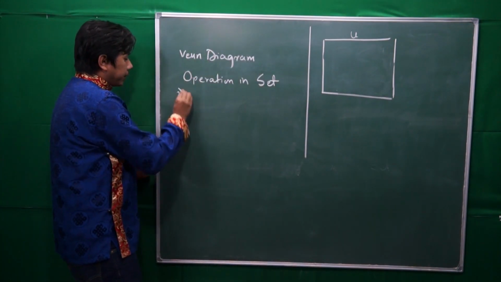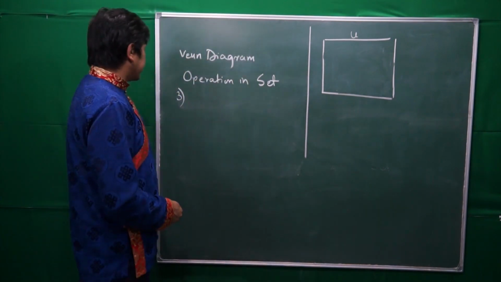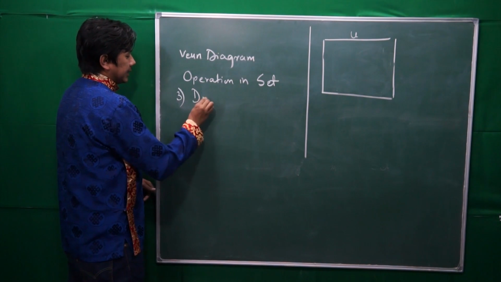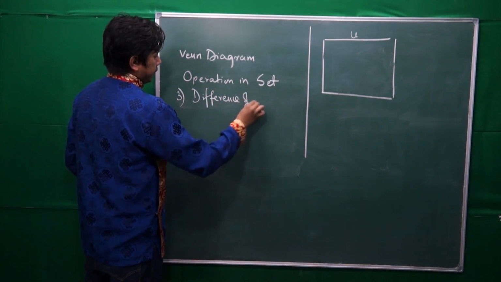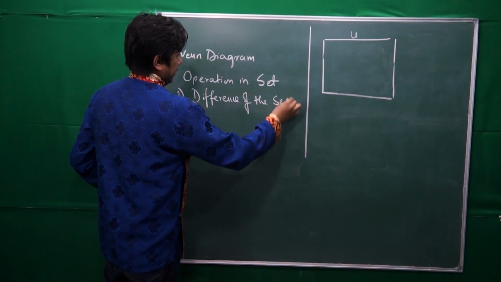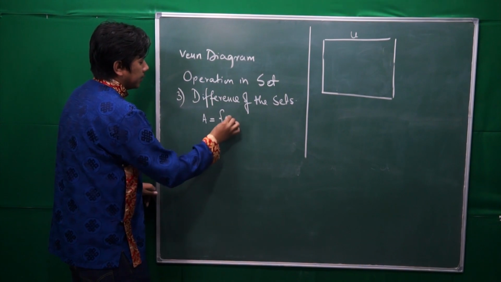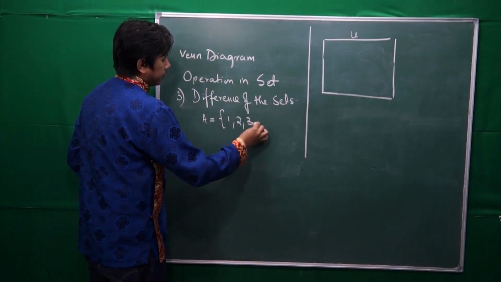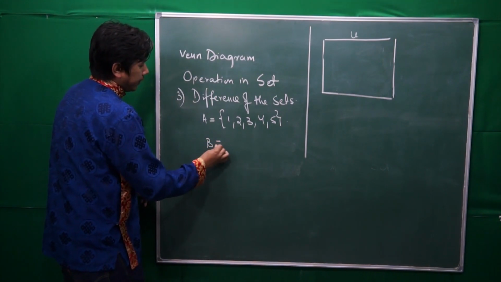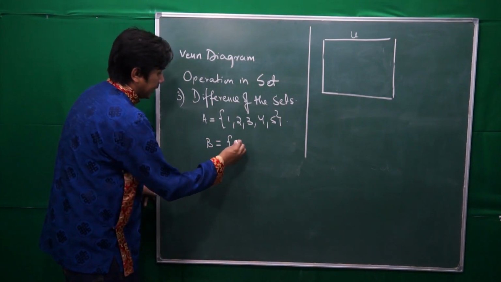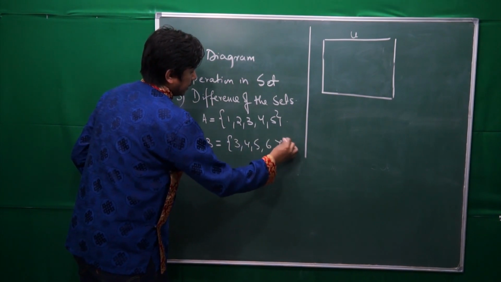Now the third operation is known as difference between sets. Difference of the sets. So let's say set A has certain elements 1, 2, 3, 4, 5, and then set B has few elements, let's say 3, 4, 5, 6, 7.